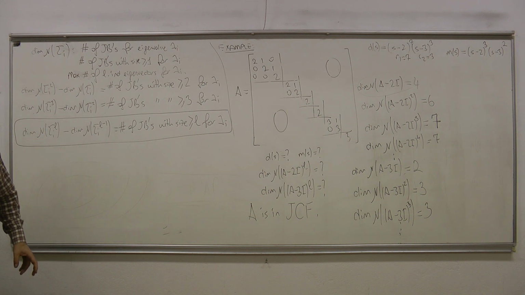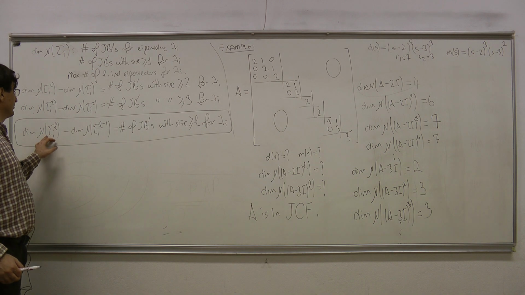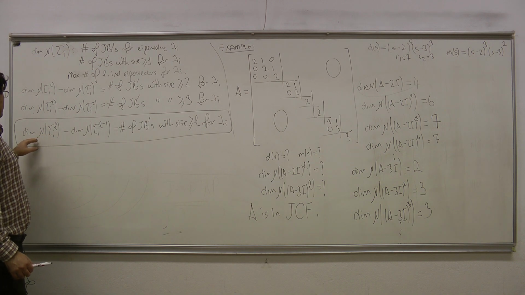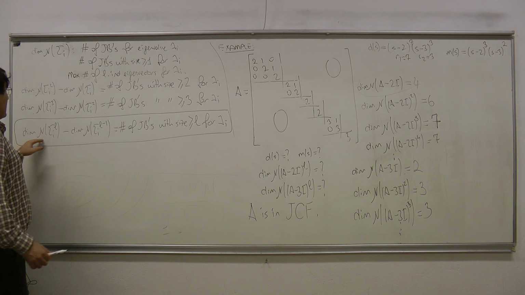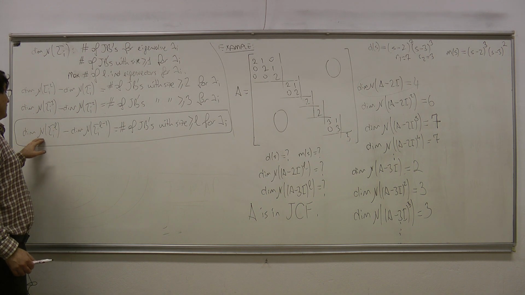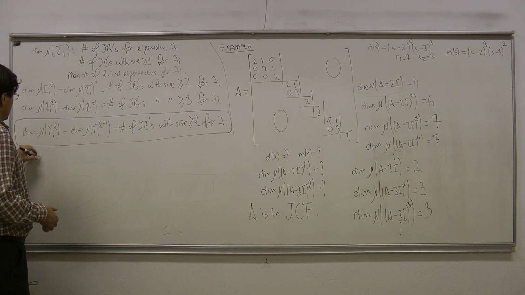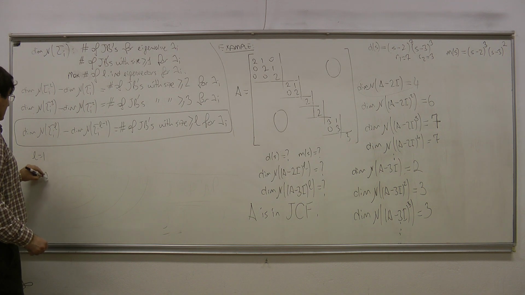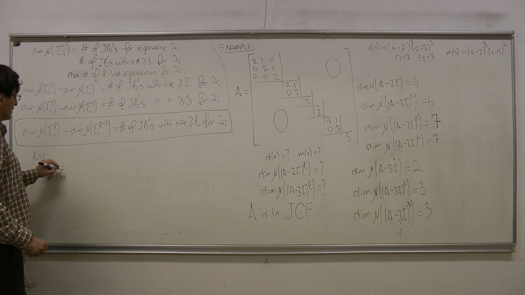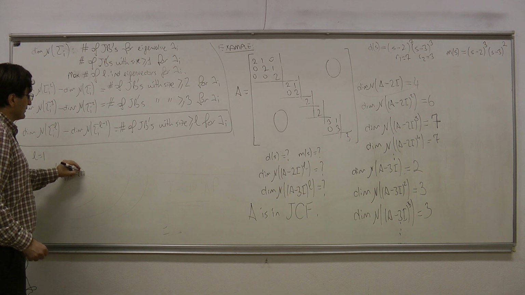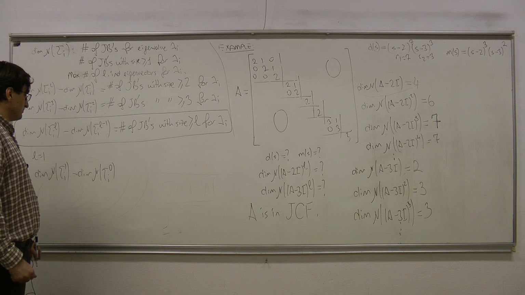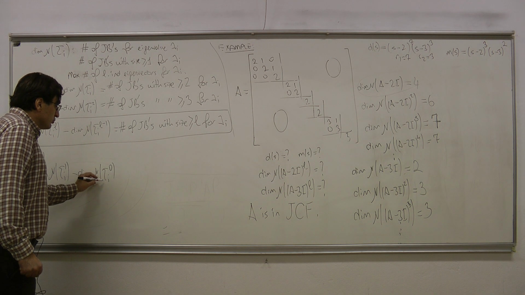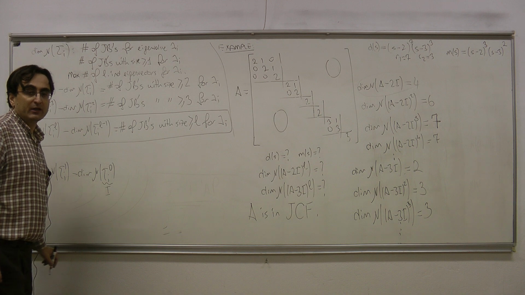And this main rule even works for L equal to 1. If L is equal to 1, this becomes the dimension of the null space of sigma I to the 1 minus the dimension of the null space of sigma I to the power 0. Sigma I to the power 0 is the identity matrix.